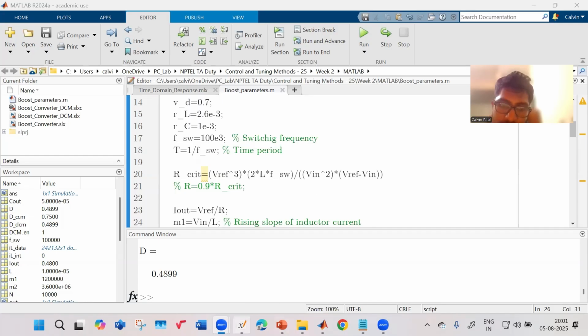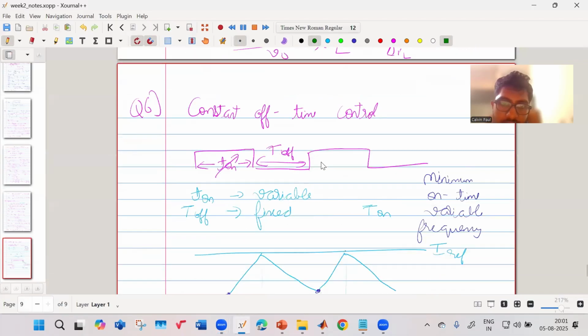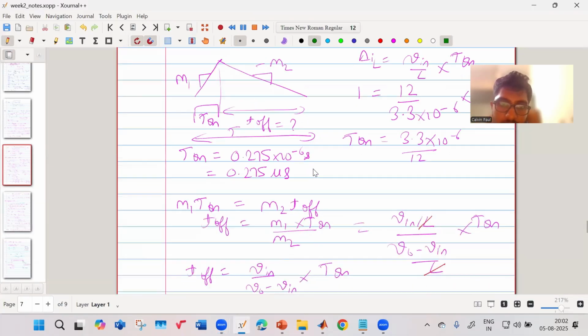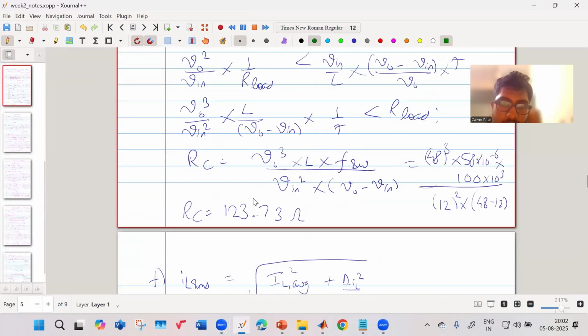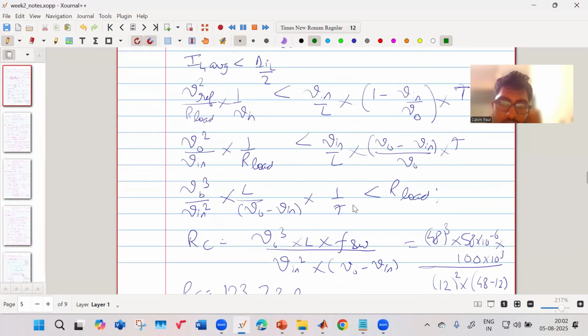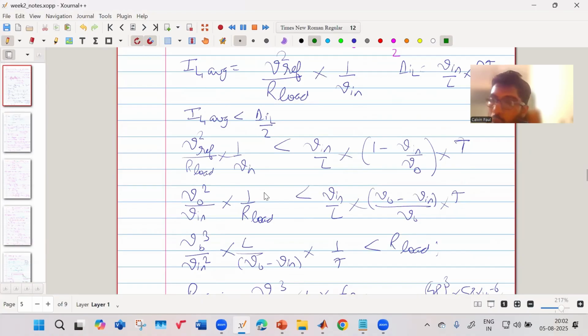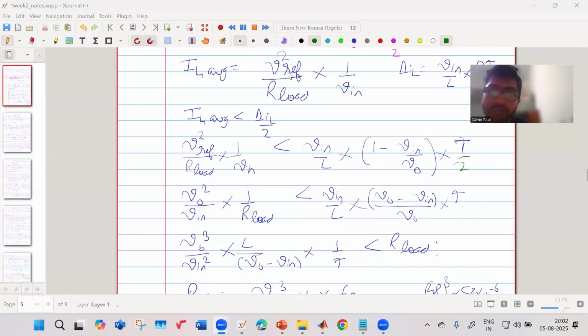Okay, let me check what we had derived, whether we had made a mistake. We had forgotten delta I_L by 2. Let me correct it. Thank you for pointing it out. So this is delta I_L by 2, so there is a factor of 2 over here.